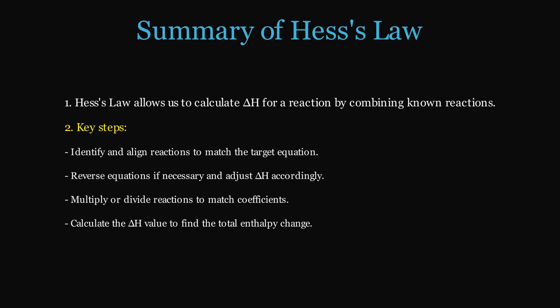Multiplying or dividing reactions to match the coefficients is another step that can be taken. And calculating the delta H value to find the total enthalpy change can be easily done if the previous steps are properly followed. By following these steps, you can solve even the most complex Hess's law problems.